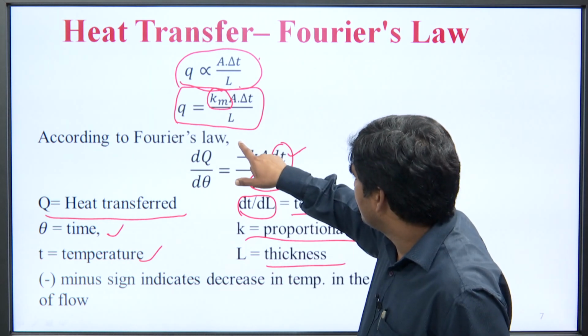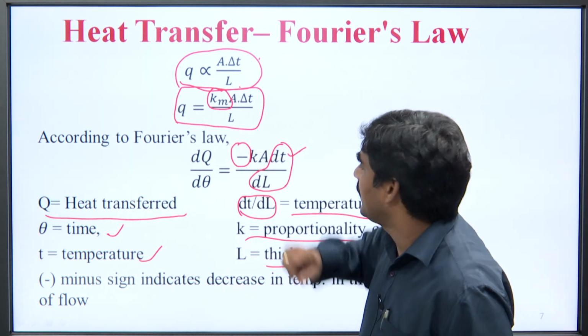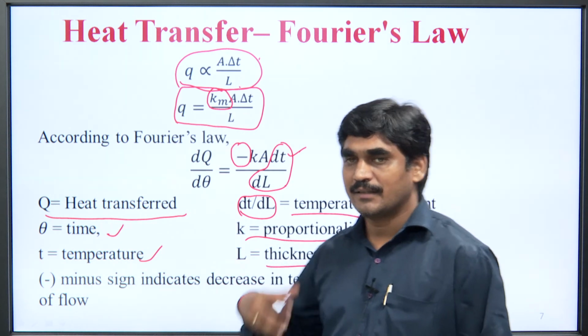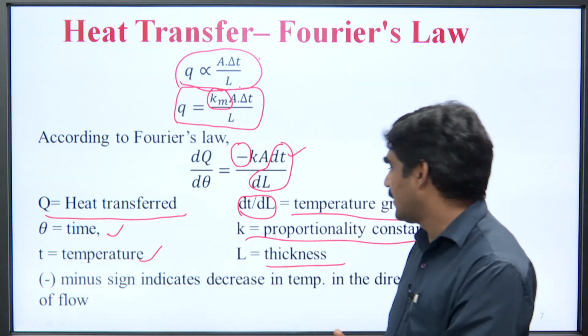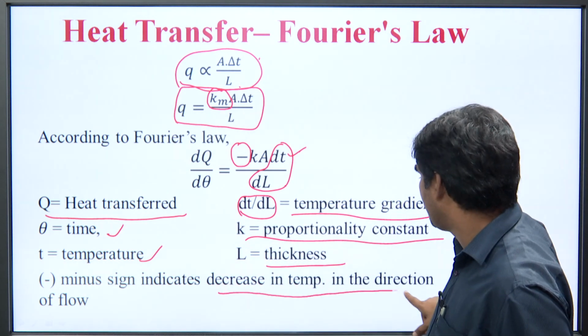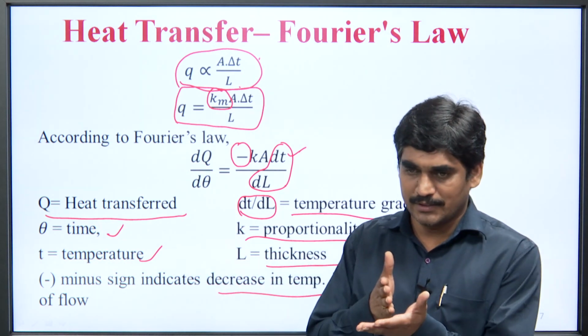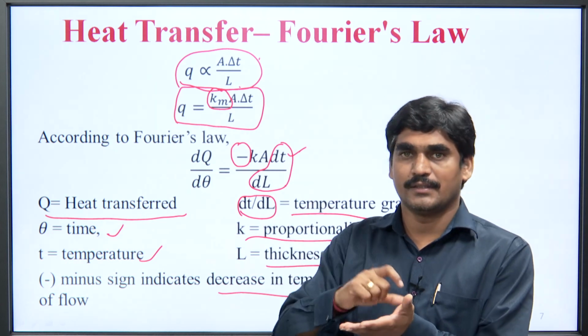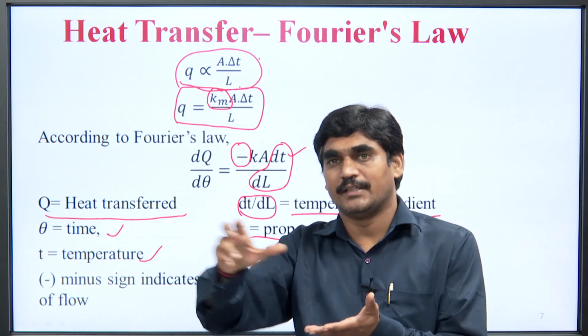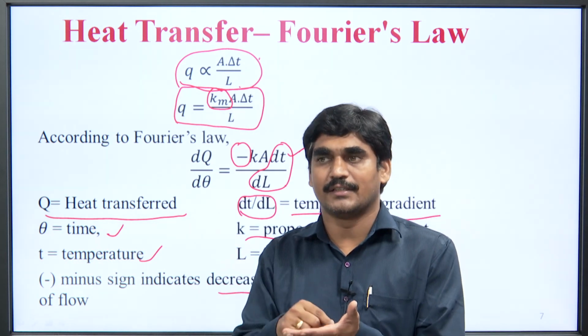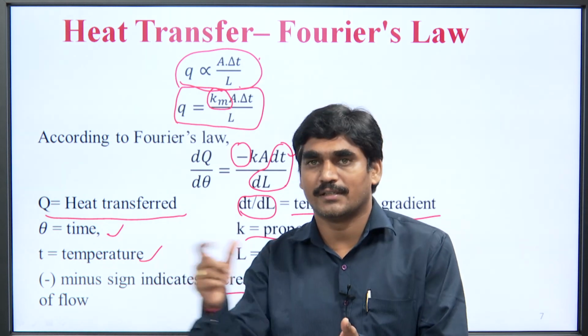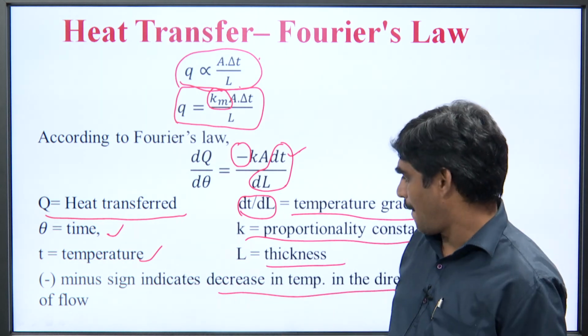We will see in this equation a negative sign appears. The negative sign, or minus sign, indicates decrease in temperature in the direction of flow. Suppose heat is flowing in this direction, then the negative sign indicates decrease in temperature in the direction of flow.